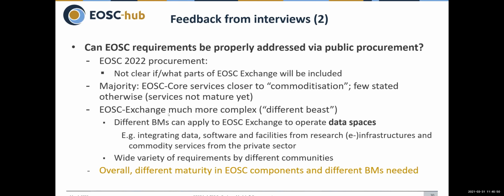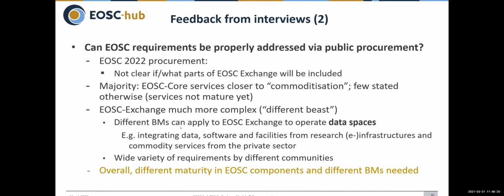Regarding EOSC Exchange, the vast majority said that it's much more complex. They call it a different beast. One interesting point was that different business models can apply to EOSC Exchange to operate these data spaces. And the role of integrators, integrating data, software, and other resources from both the public research providers and the private sector.